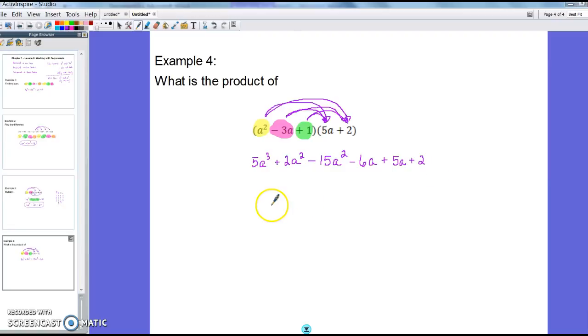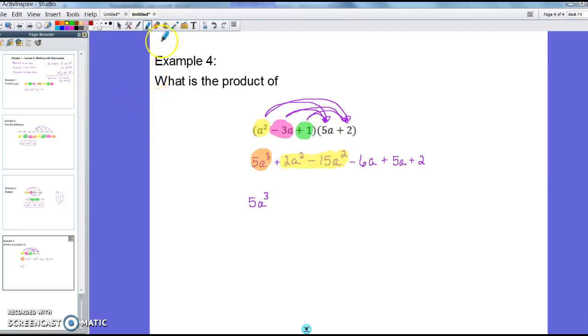Now, once again, I'm going to combine my like terms. So I will start with 5a cubed. I don't have any other a cubed terms in there, so that leaves me with 5a cubed. I'll go to 2a squared and negative 15a squared, right?